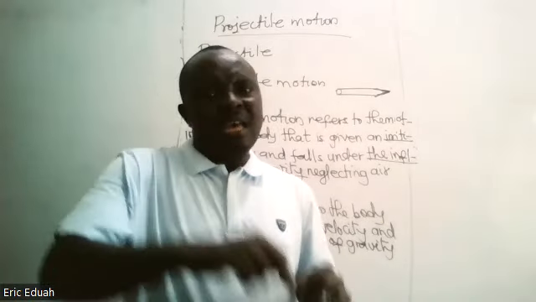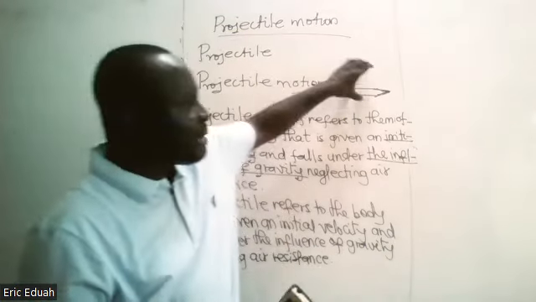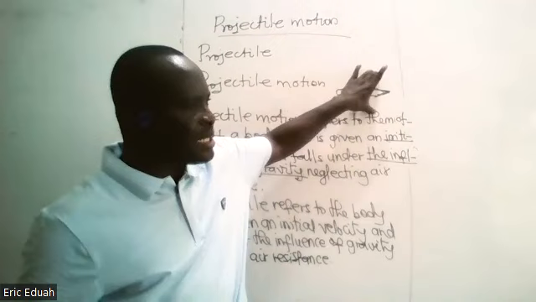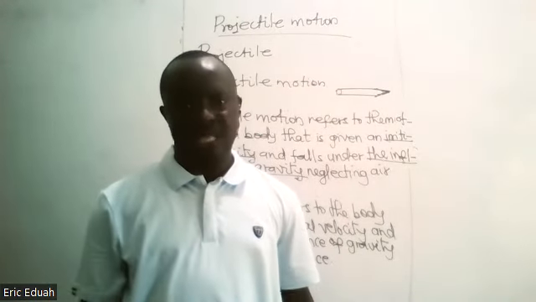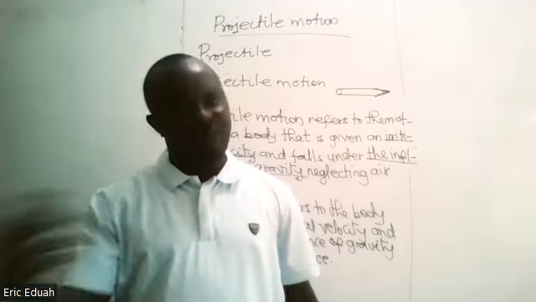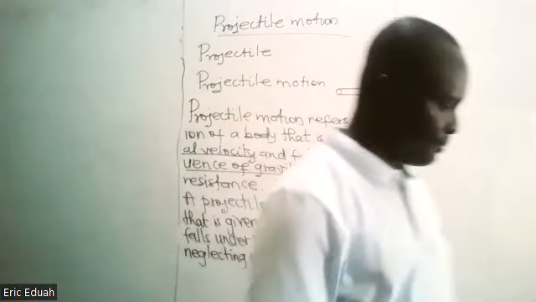So these give it a huge initial velocity, and then the streamlined shape of the missile reduces the air resistance, which can possibly affect projectile motion. Any questions?